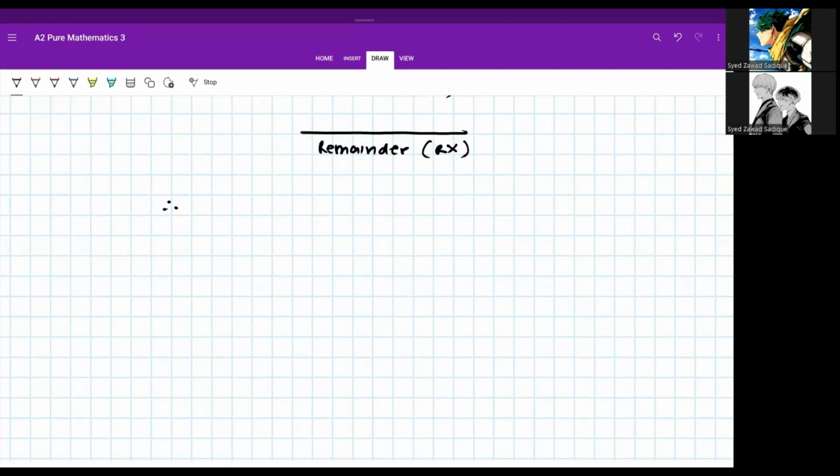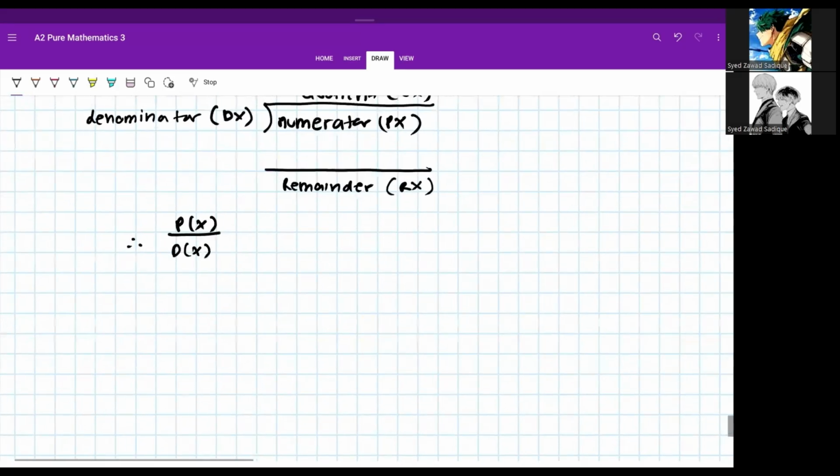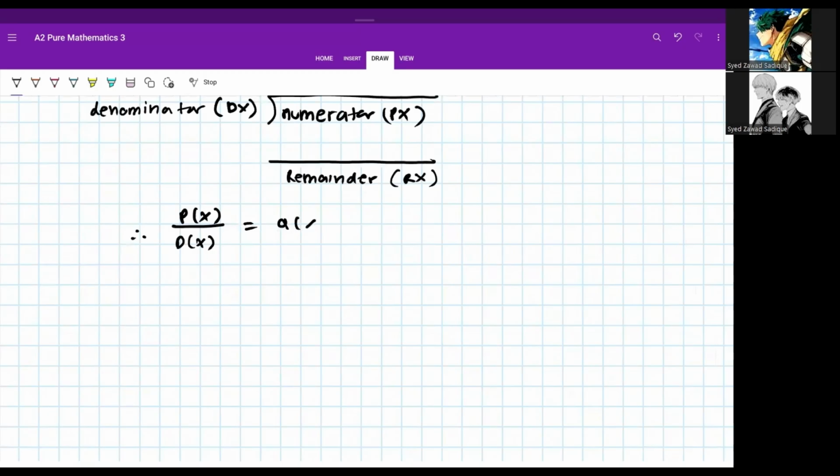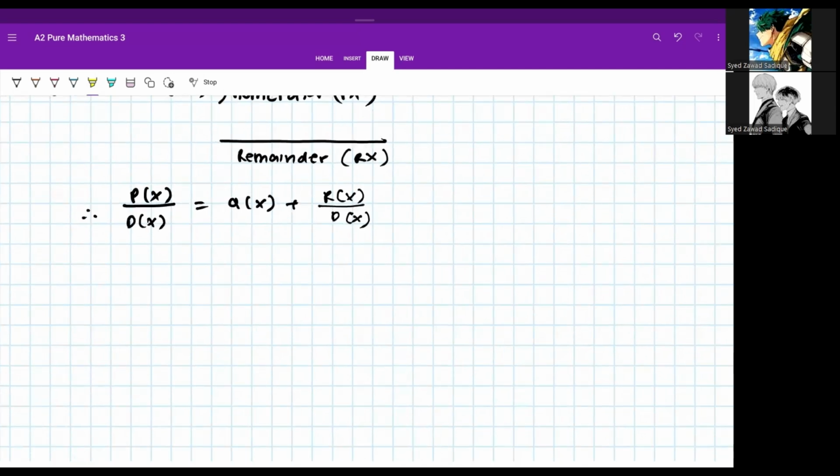Therefore, we say N(x) by D(x) is equal to Q(x) plus R(x) by D(x).